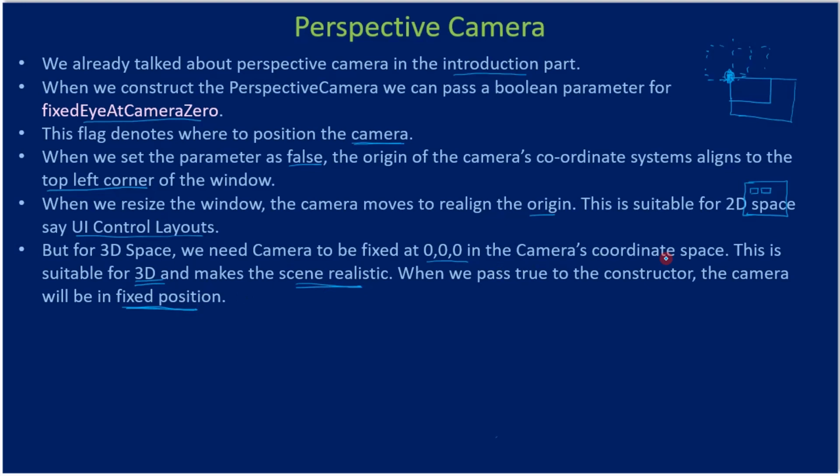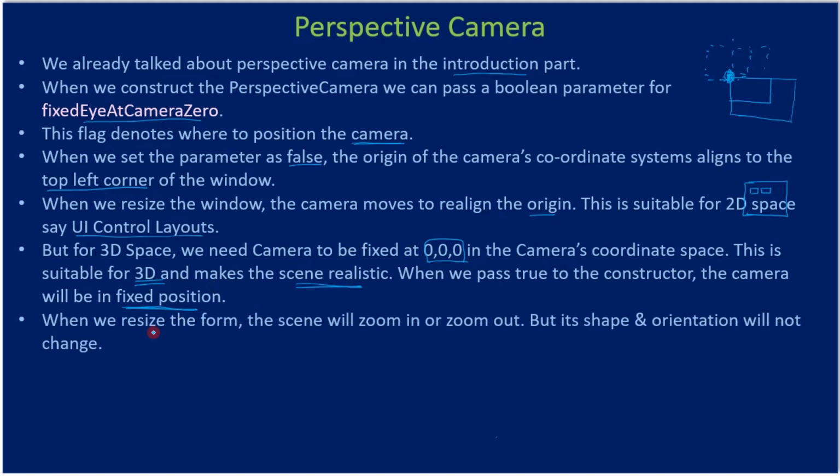If it doesn't realign, then when you resize, the object will change its position because the camera is fixed at 0, 0, 0. When we resize the form, the scene will zoom in or zoom out, but its shape and orientation will not change.